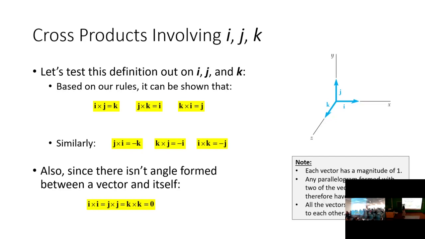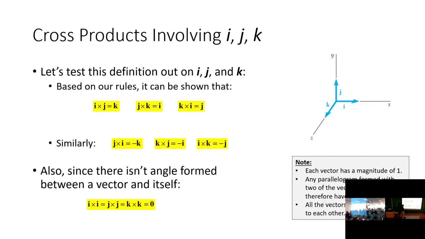What about its direction? Okay, so right-hand rule. I point towards I, curl towards J. The resulting vector goes like this, which is actually in the direction of the K vector, right? So if this is the x-axis, curl towards the y-axis, my thumb points towards the z-axis. So let's think about that for a second.